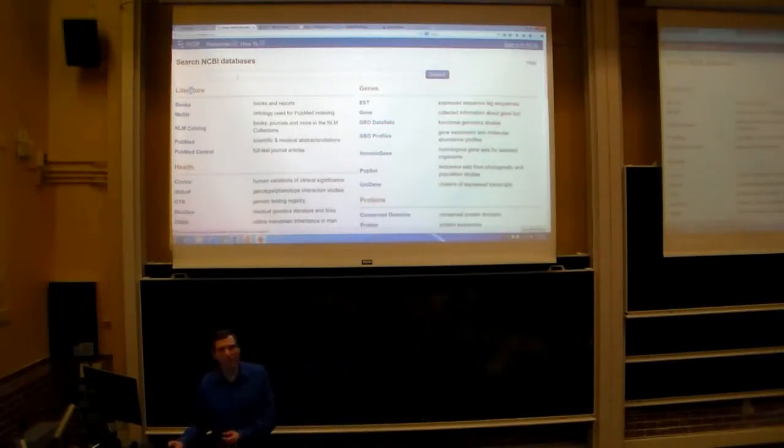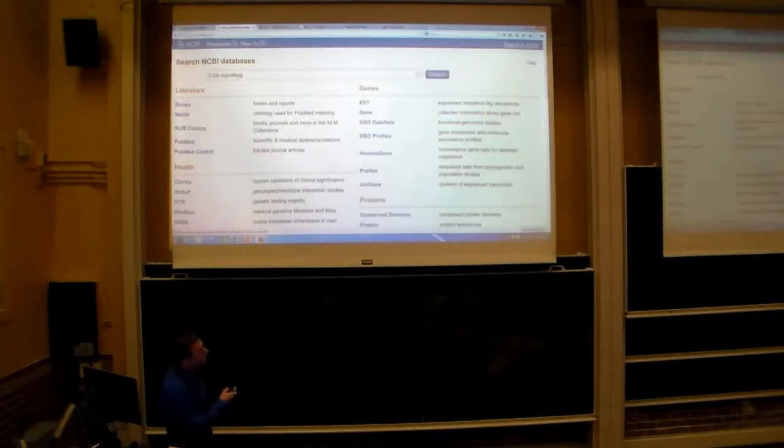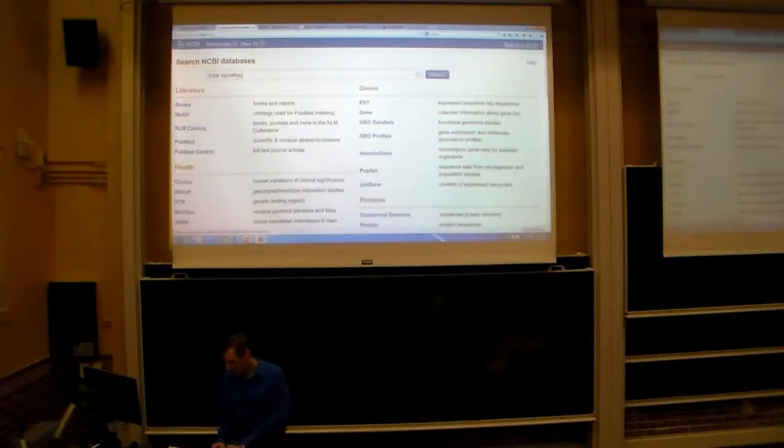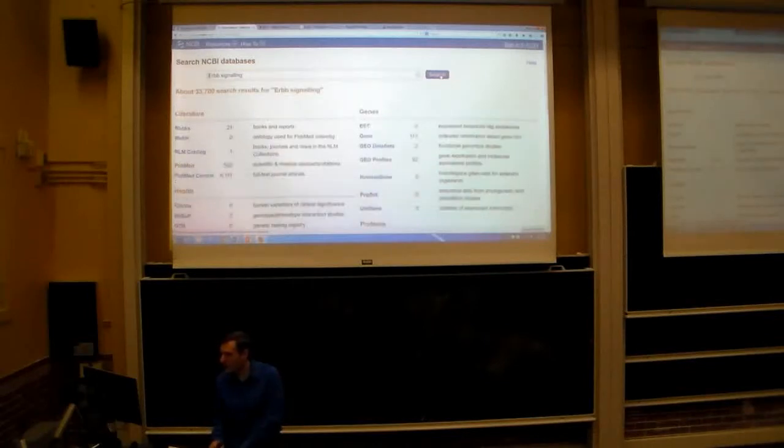And we want a way of exploring how those are related to one another. And as with many things, there's actually some really nice information integrated into the gQuery systems and the other NCBI resources. I'm going to type in a term related to a kind of biological process called Irby signaling. So Irby signaling is a particular process. We'll see in a moment what that is.